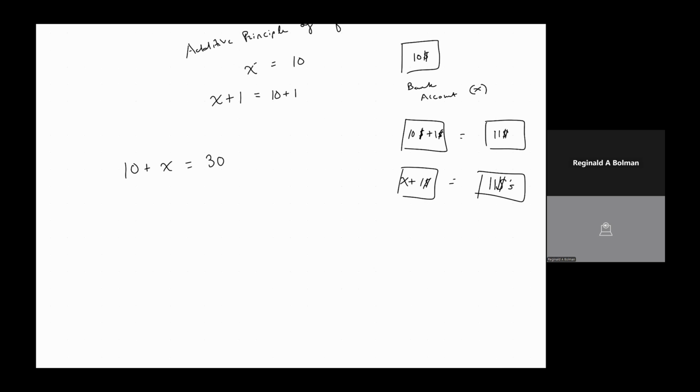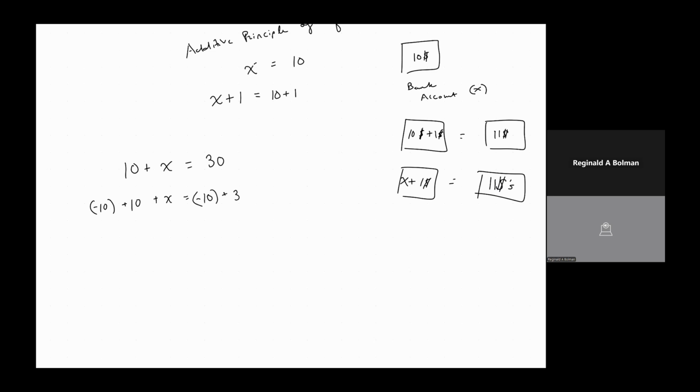Because the only number that we can add to 10 to equal 30 would be 20 itself. However, if we use a special technique of adding a specific amount on both sides of our equal sign, and in this instance, what we're going to add to both sides is going to be our additive inverse of the quantity that in this instance is next to x.